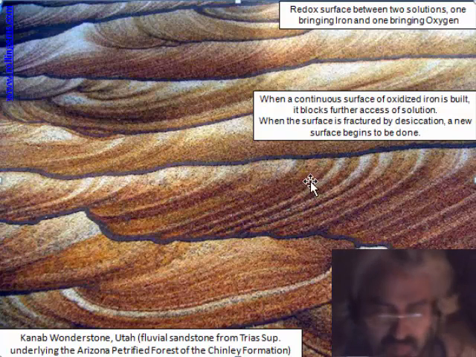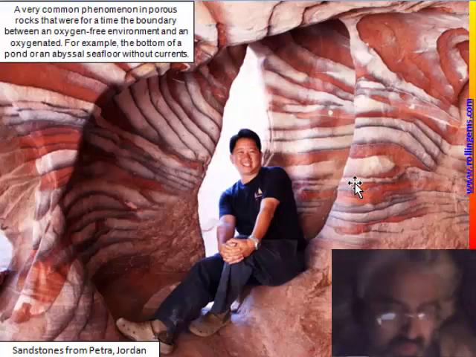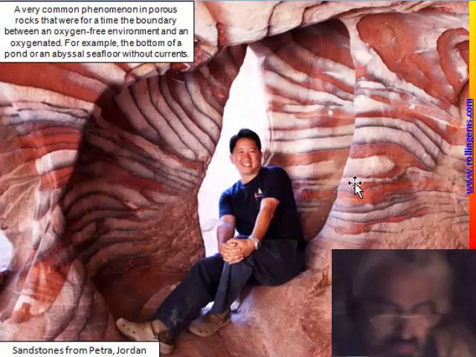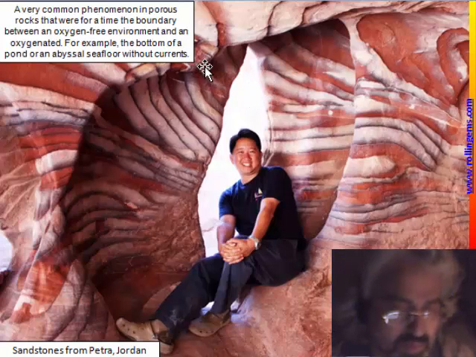So this is the process, and it's very common in different shapes in many rocks. This, for example, is the sandstone from Petra in Jordan, a very touristic place, and the rock has a very nice pattern where all the tourists take pictures.